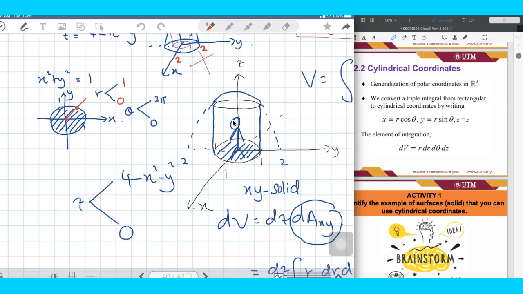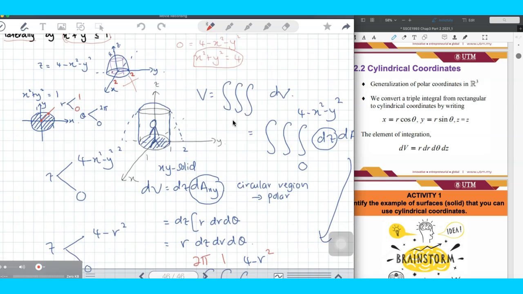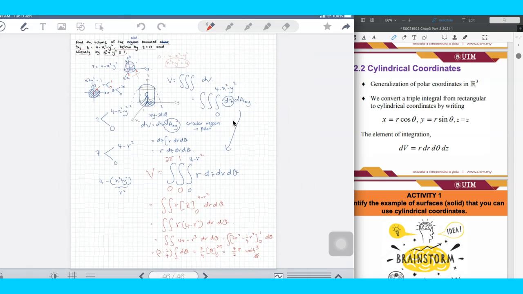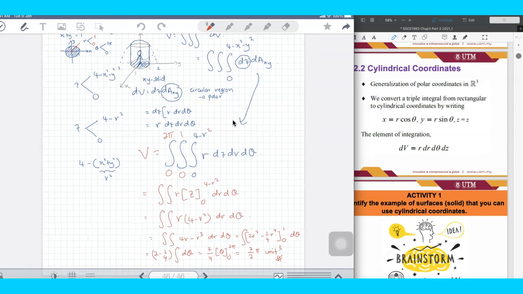You have to apply some trigonometric substitution and so on, compared with solving using polar. So your calculation is a bit simpler, with the condition that first you have to convert into polar, or in triple integral we call this cylindrical coordinate. Okay, I will give you more examples about the cylindrical coordinates in the next video.